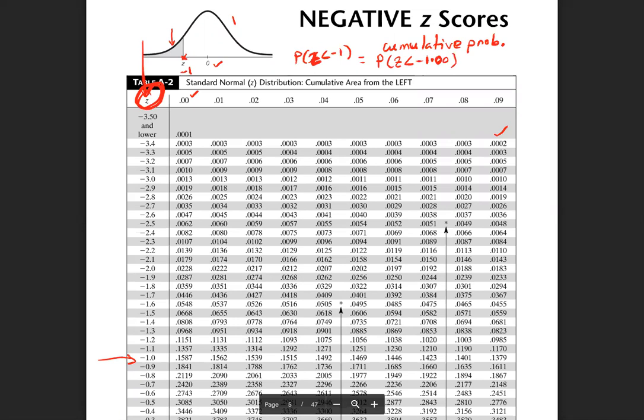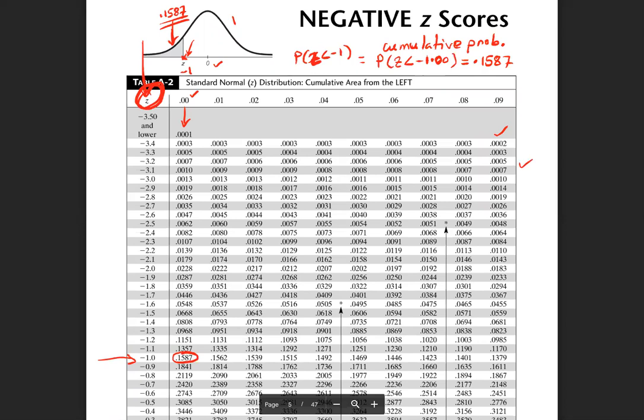The 00 column is this column, and this is the value. So the probability of z less than -1 is .1587. So if this is your -1 point, the shaded region is going to be 0.1587.